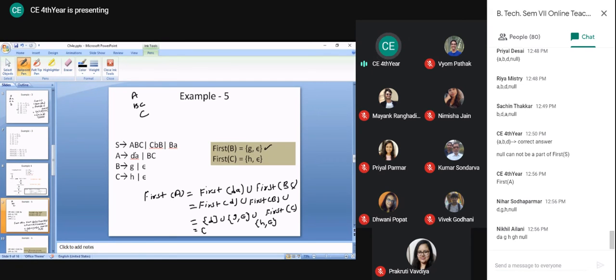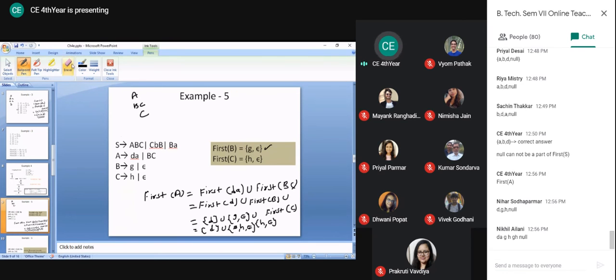Here from A we are getting DA, so this is giving us D. Union, now B is giving null, C is also giving null. B and C both are giving null. So here we'll write G, H and null.